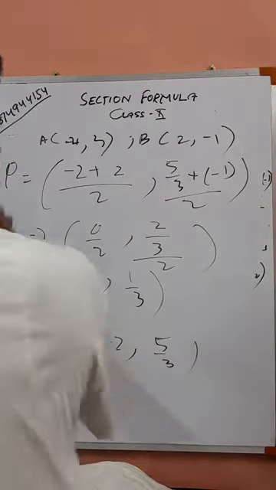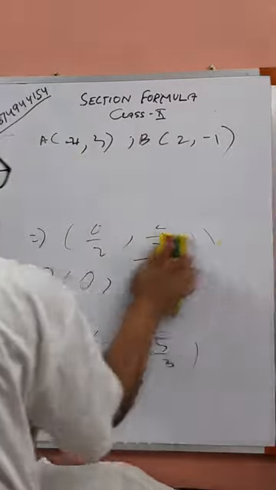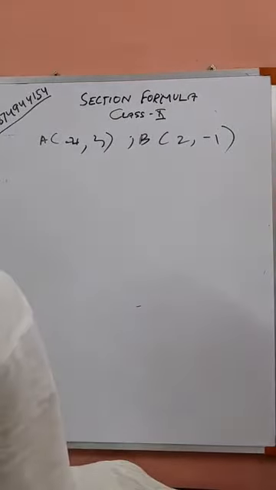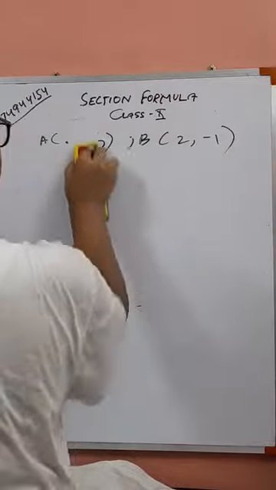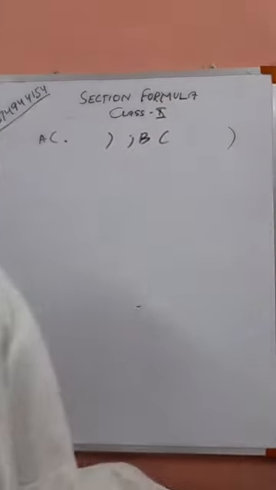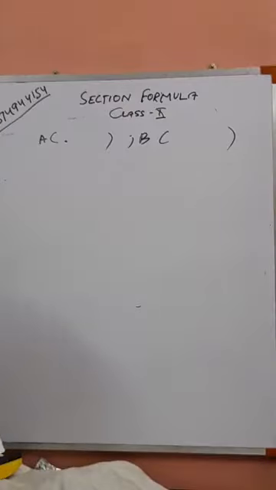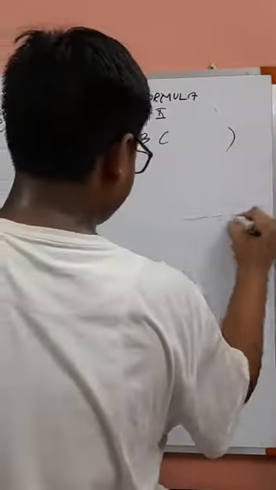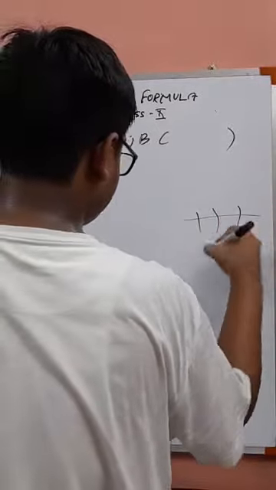Now we go to the second question. The second question is to find, the line is divided into 4 parts, 1, 2, 3, 4.